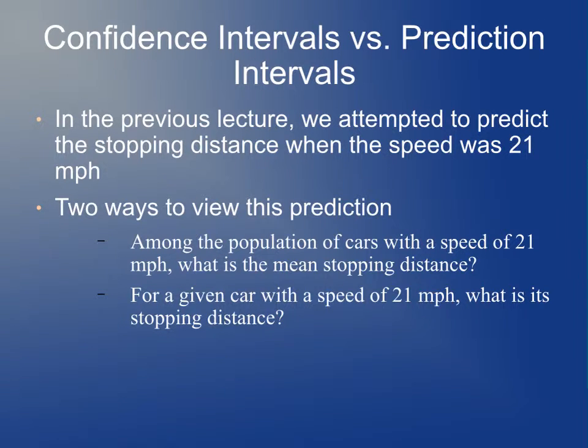But in the previous lecture we talked about how you could predict the stopping distance when the speed is 21. There are two ways you can view these predictions, which correspond to two types of confidence intervals. One way you can approach the question is if you looked at all the cars in the country, or at least all the cars in the sample, and drove every single one of these cars at 21 miles per hour and then slammed on the brakes in all of them.